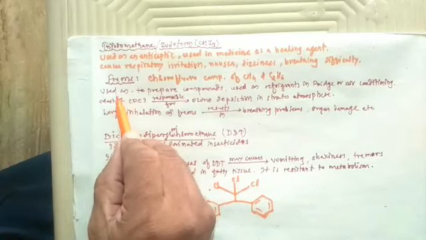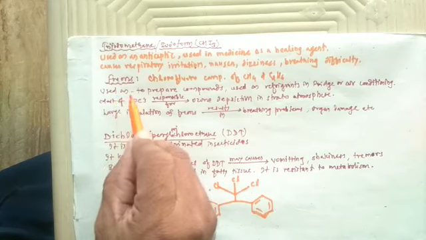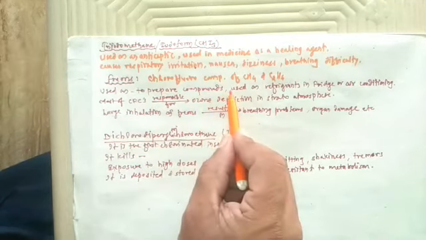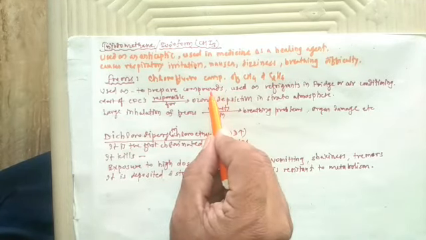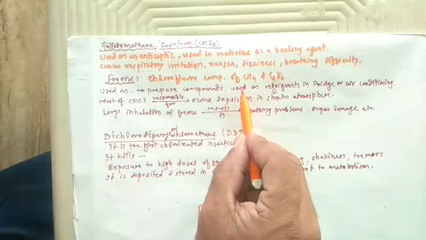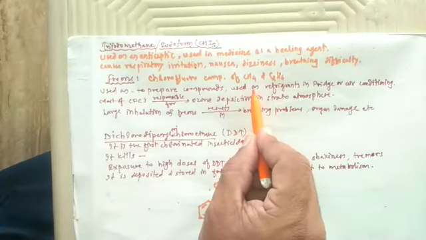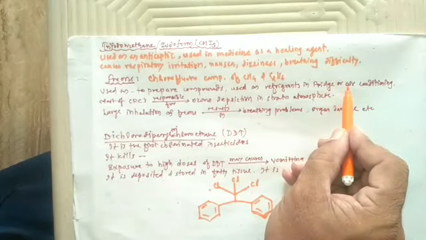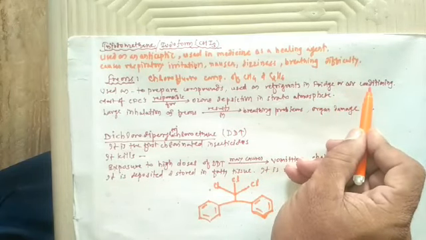CFCs or freons can be used to prepare compounds, as a refrigerant in fridges, and for air conditioning purposes.